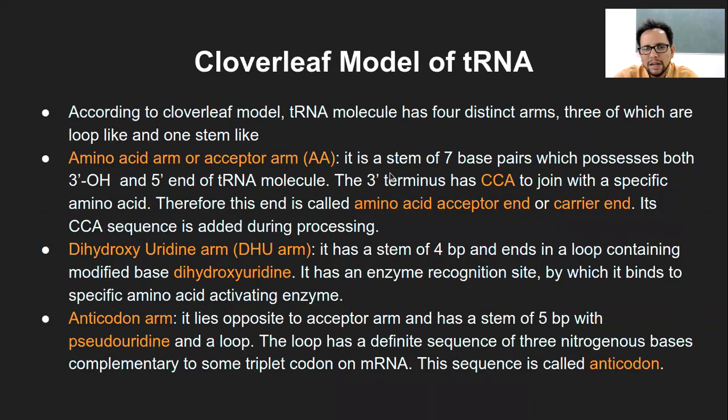And then we were looking at the cloverleaf model where we had looked at that there is the amino acid arm.